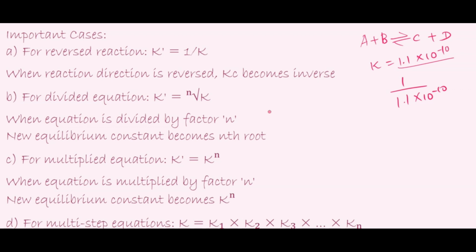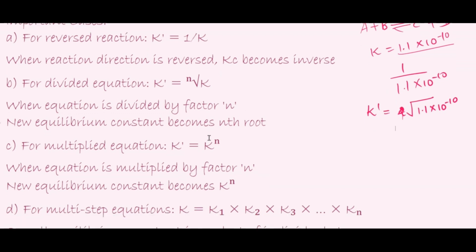I'm dividing the equation by 2. Then you have to take the square root of the value given. If they are saying 4, then it would be the fourth root of the value given. So just take the root of it.